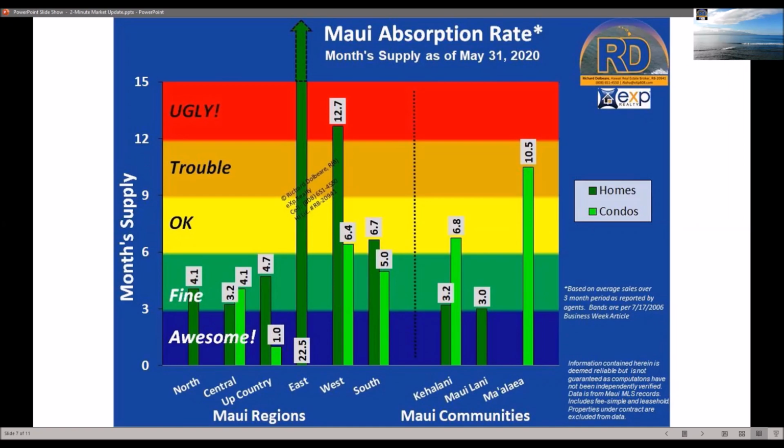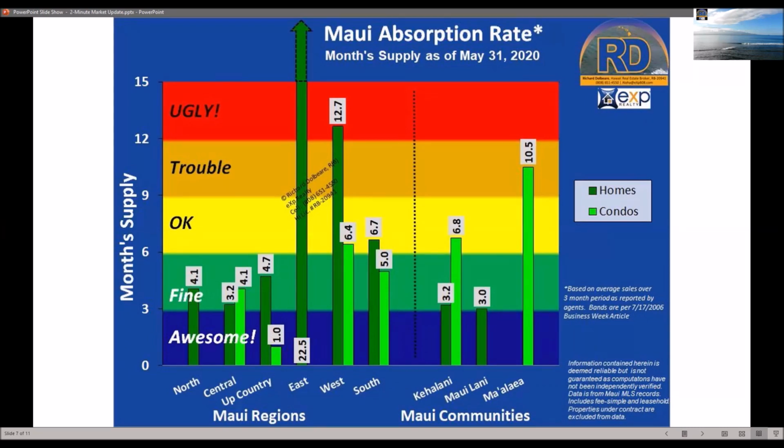If we had 12 homes on the market, and if we looked at history, we had a rate of sales of 2 a month. How many months would it take to sell them all? Well, 12 divided by 2 is 6.